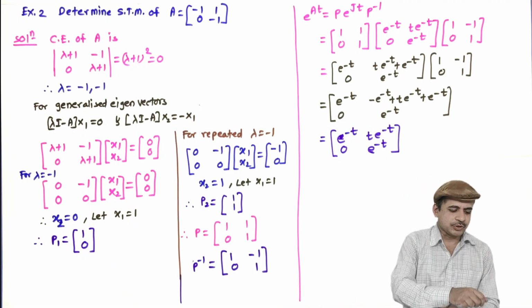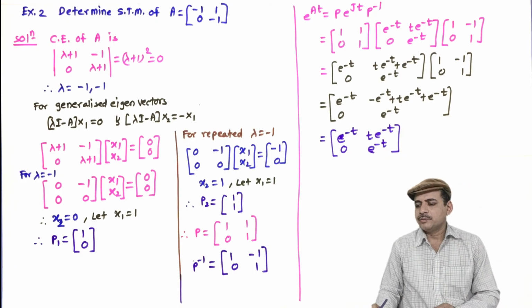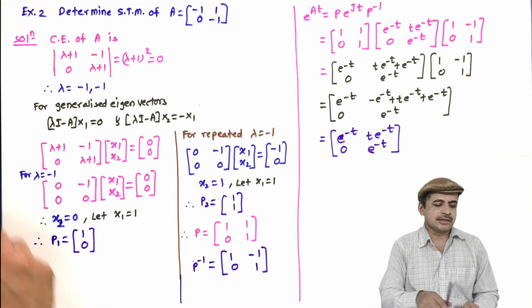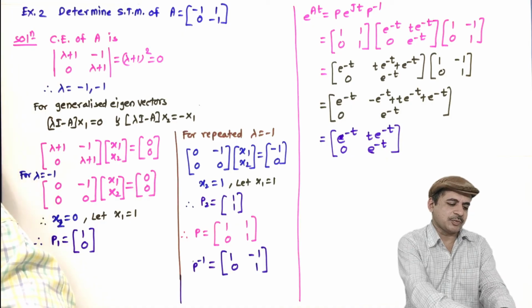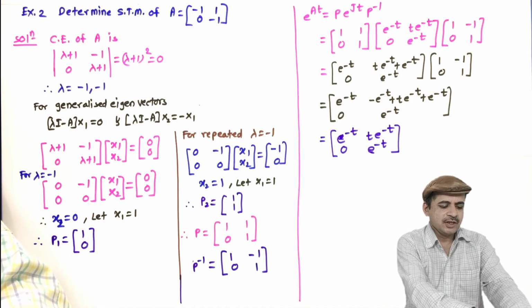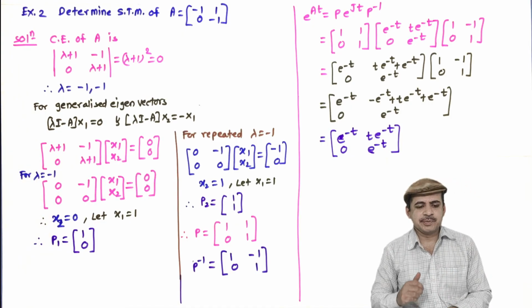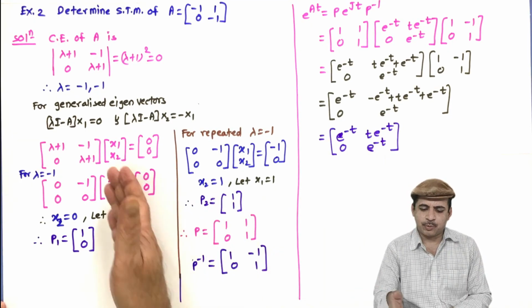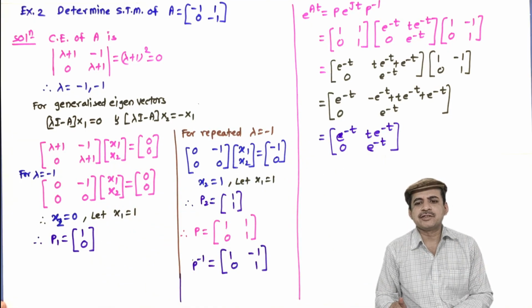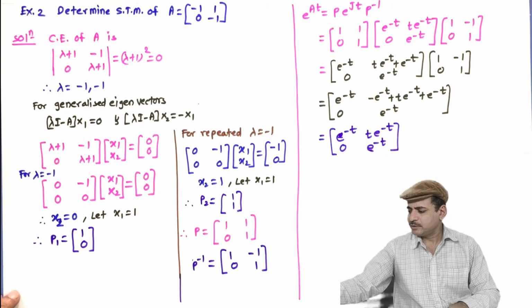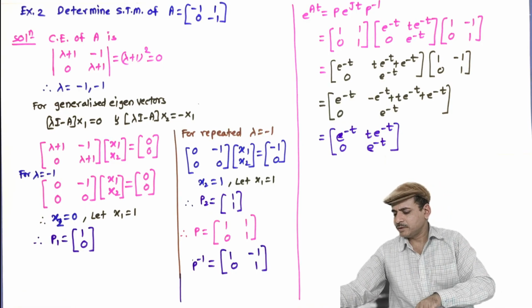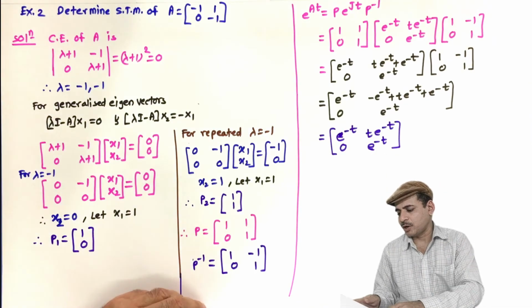And there is a fourth method as well, that is expansion as an infinite series. But that method is typically not convenient to solve problems on paper, but it is convenient to solve on a computer using computer algorithms.